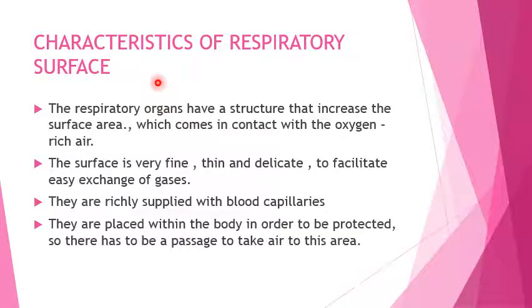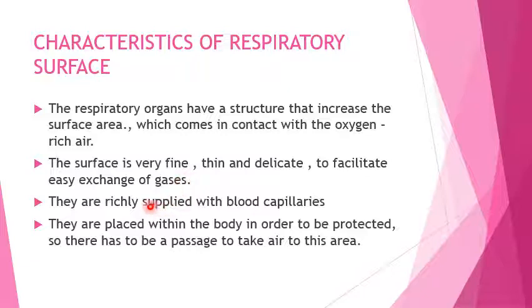So, the various characteristics of the respiratory surface. The respiratory organs have a structure that increases the surface area which comes in contact with oxygen-rich air. The surface is very fine, thin and delicate to facilitate easy exchange of gases, that is O2 and CO2.